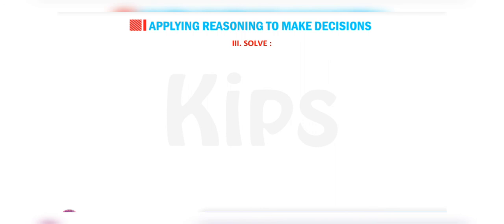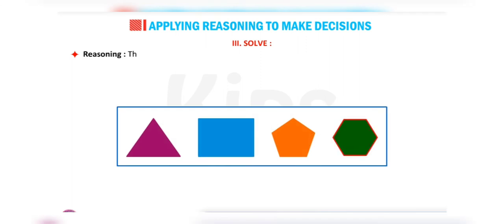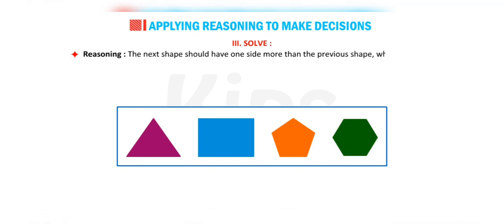So the third step is to solve the problem, to achieve the goal by using the given information and following the condition. Reasoning: the next shape should have one side more than the previous shape. Okay, this is our reasoning, meaning our thinking. 3, then the next shape has 4 sides, then the next shape has 5 sides.